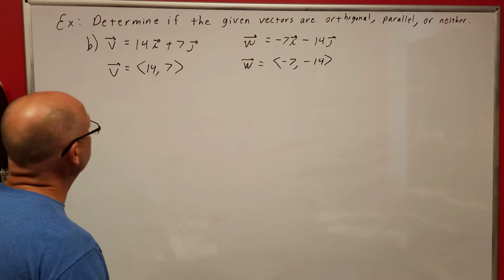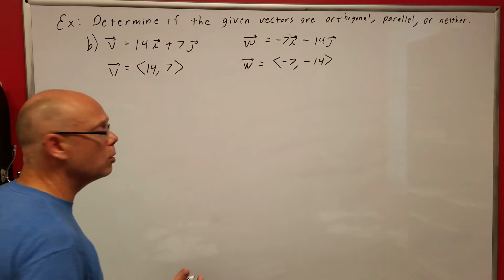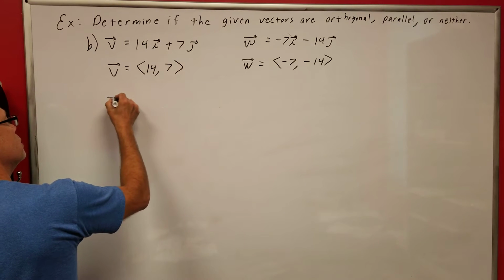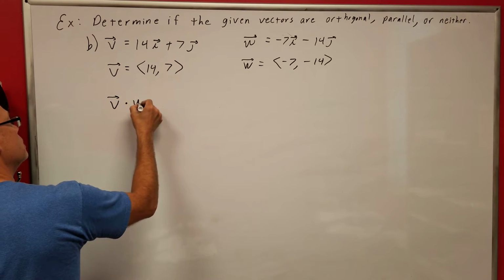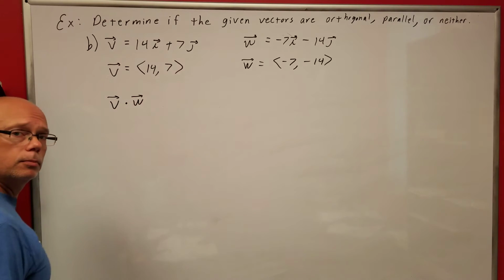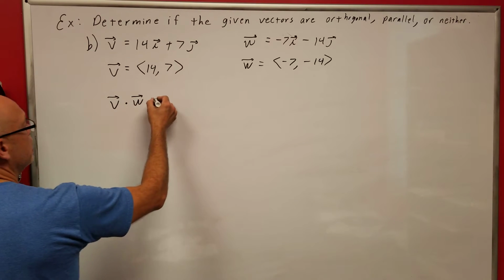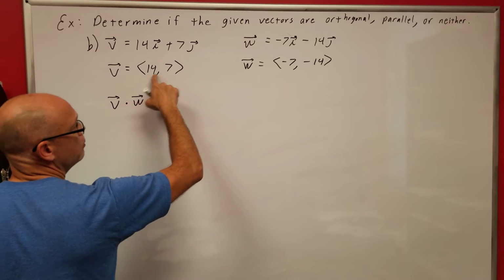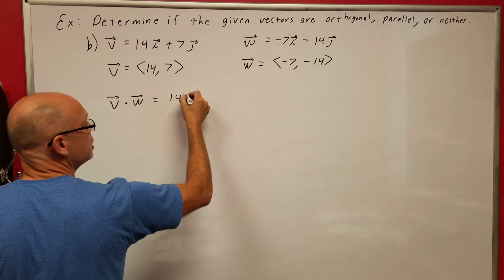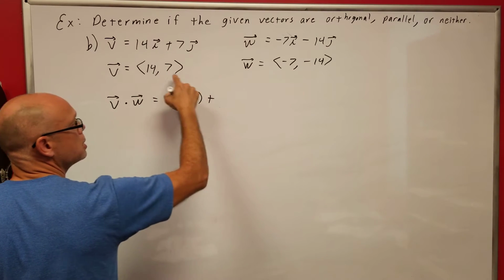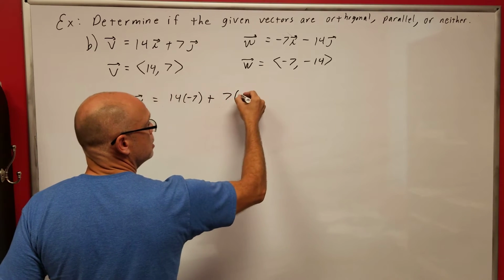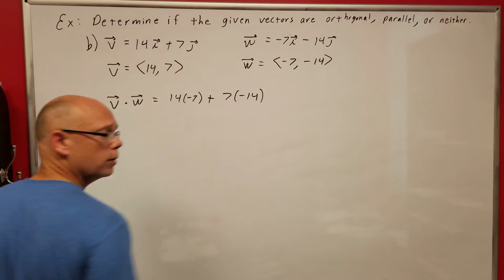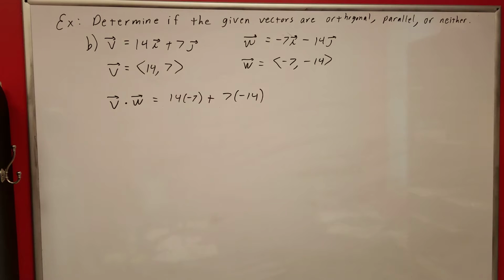All right, let's see. I want to see if they're orthogonal, so I'm going to take v dot w. For my dot product, what I'll do is say 14 times negative 7, plus 7 times negative 14.